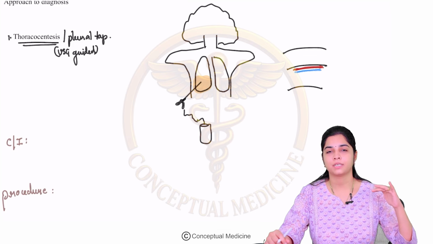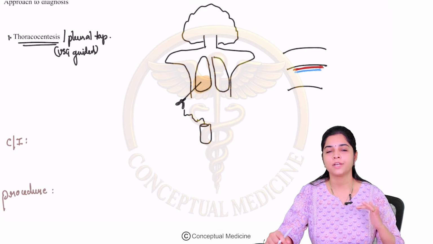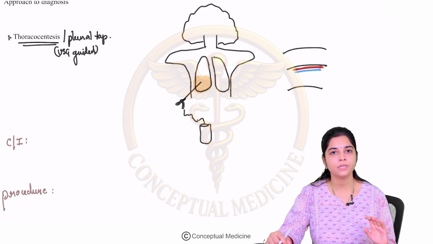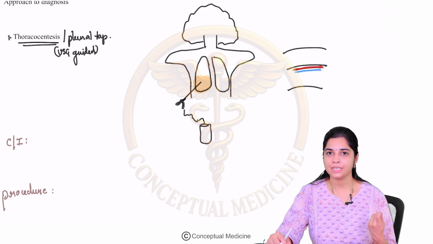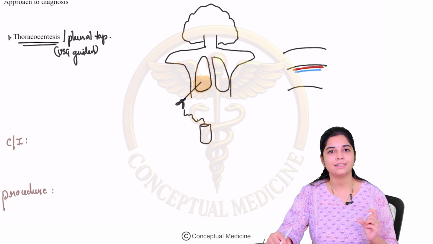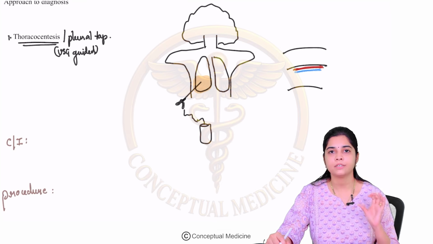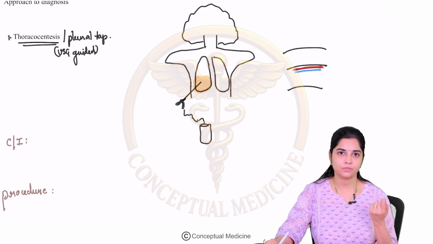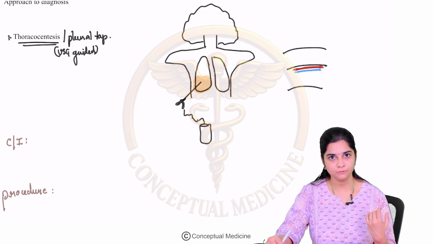So you start percussing from above up to the point where the dullness is heard, and that is where you localize the pleural fluid and you take a needle, attach it to a 3-way cannula and then attach it to a bottle if you are draining out the fluid, or if you are just taking a sample, you attach it to the syringe and try and withdraw the fluid.